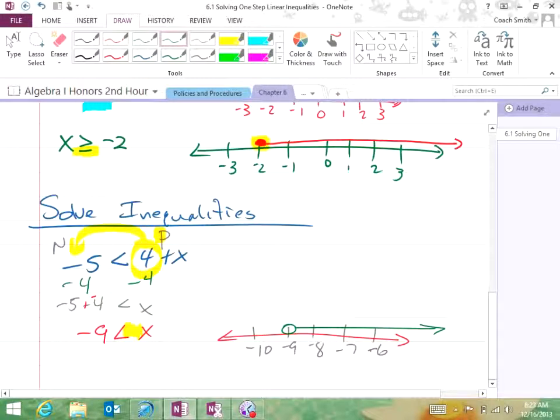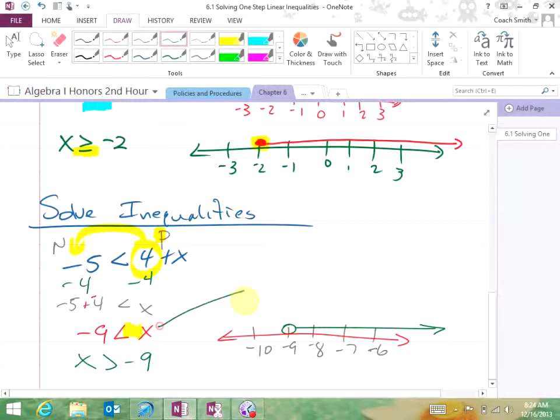X is greater than -9. No. It's because, in other words, this and that are the same expression. Those are equivalent inequalities. You have to read it properly.